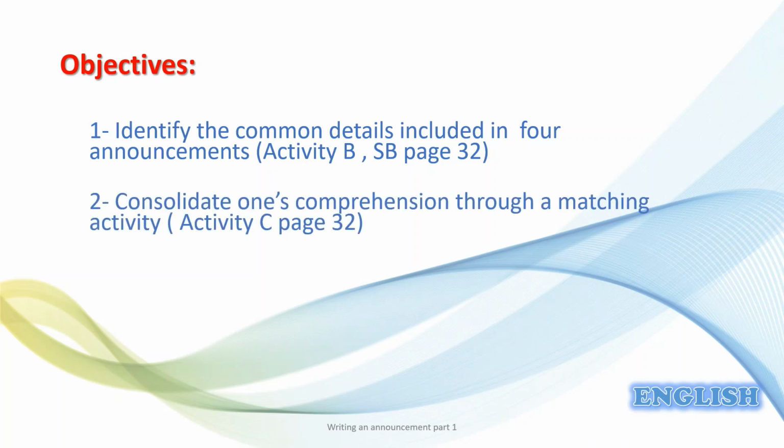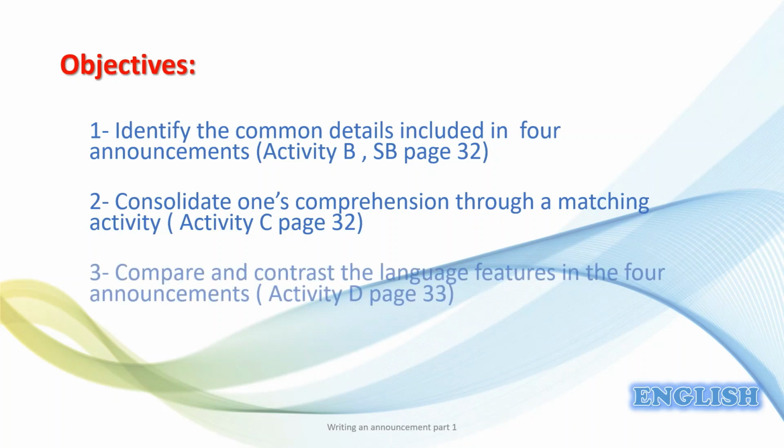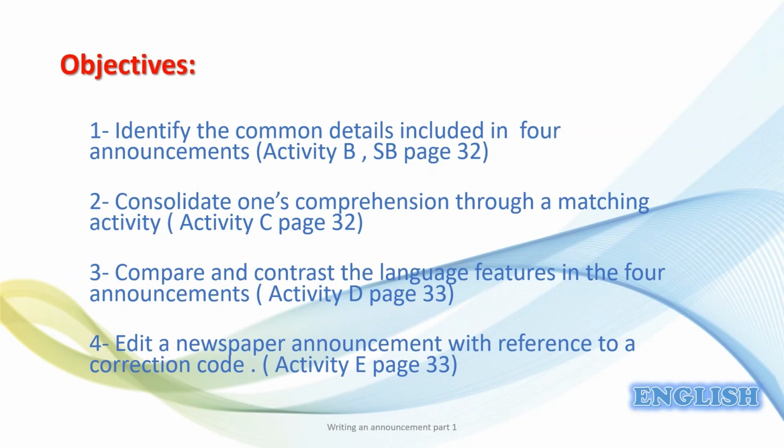Second, consolidate your comprehension through a matching activity. See page 32. Compare and contrast language features in the 4 announcements, activity D, page 33. And finally, you will edit a newspaper announcement with reference to a correction code, activity E, page 33.